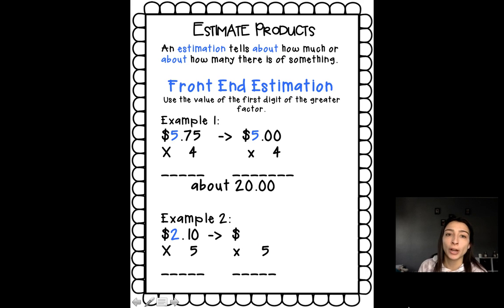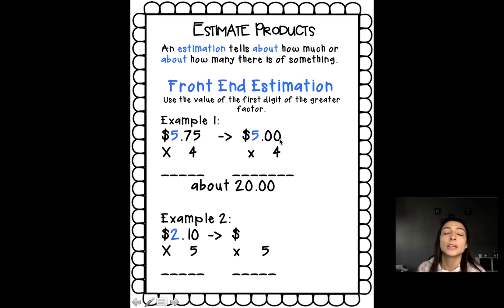Now we're going to use our front end estimation. Now your front end estimation is a little different. You use the value of the first digit of the greatest factor. All right. So if we look at example 1, we see that it's $5.75. So for front end estimation, we look at the first number. We see that it's a 5, so we're just changing it exactly to $5. There's really no thinking.